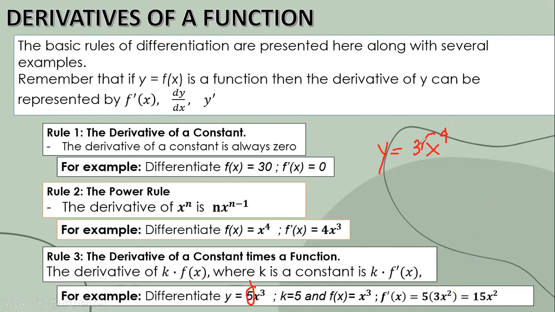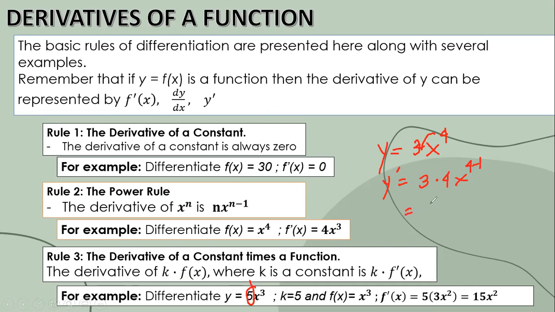So another example we have y is equal to 3x to the 4th. Okay? So mabababa lang yung 4. Okay? So y prime is equal to, okay, again y prime is also derivative. Y prime, so 3 times, okay? So yung 4 tapos x raised to 4 minus 1.